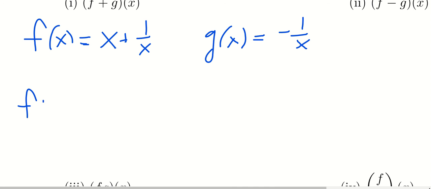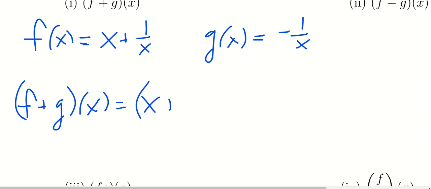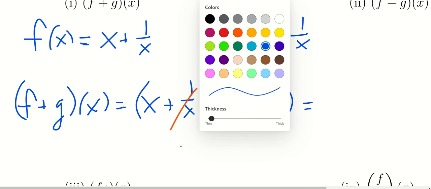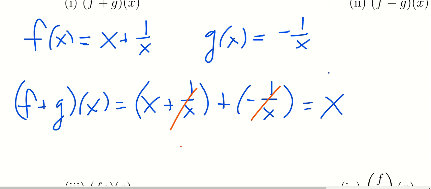If you form f plus g of x, we add those two together, notice that 1 over x and the negative 1 over x would cancel, and so f plus g would reduce to just give us x.